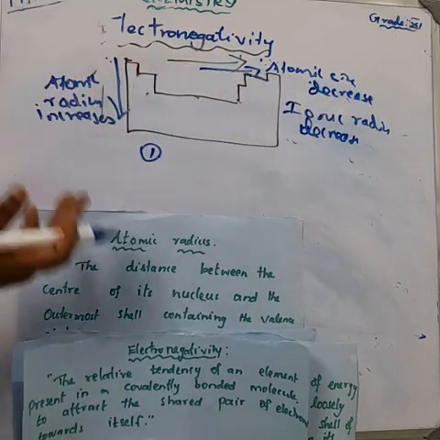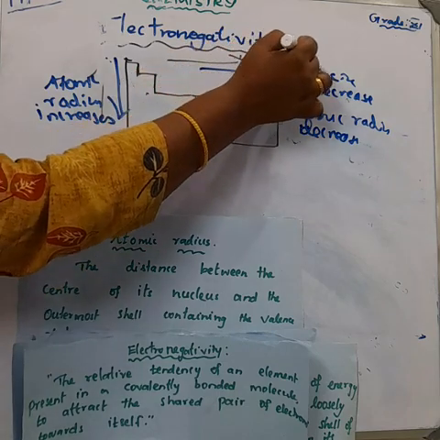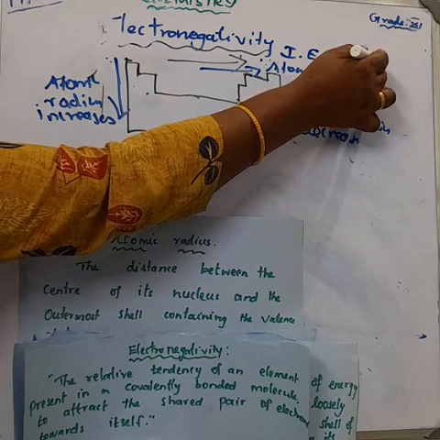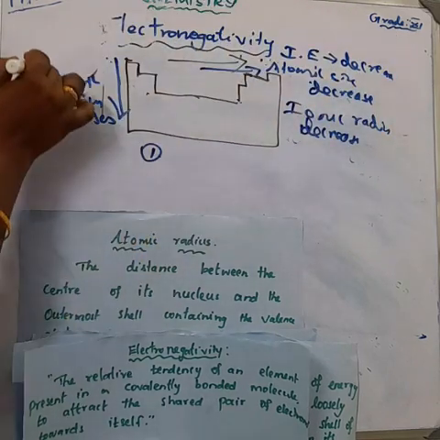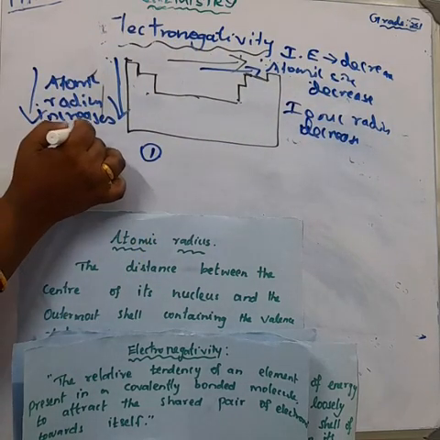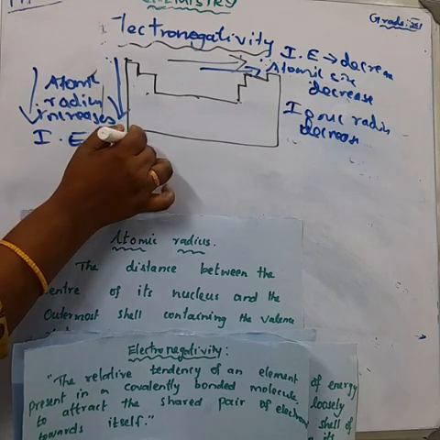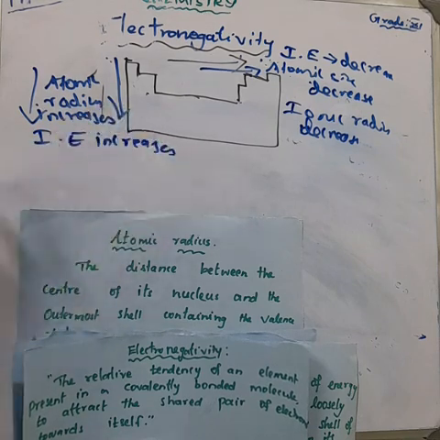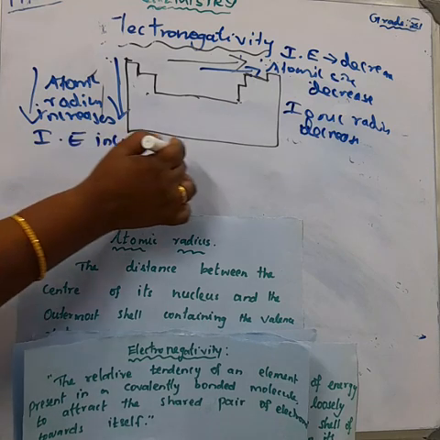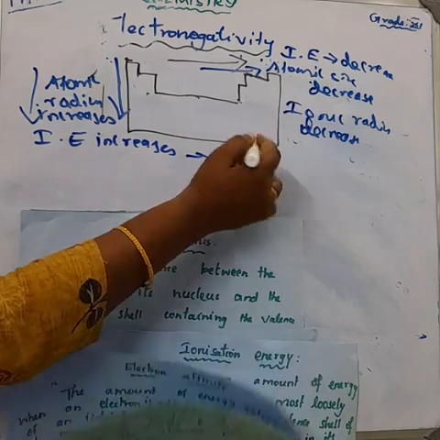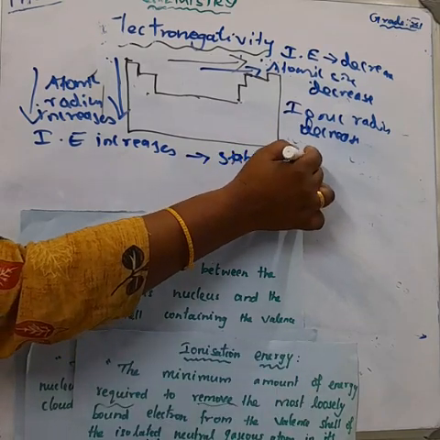When we are moving from left to right, ionization energy increases, but when we are moving from top to bottom, ionization energy decreases. But in certain cases, for some elements like beryllium, nitrogen and oxygen with stable electronic configuration, the ionization energy is low along the periods, as we studied.